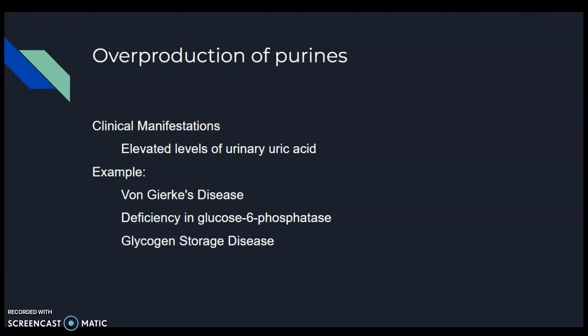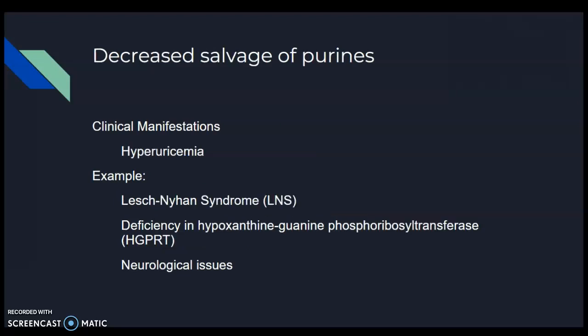So I had suggested maybe additional labs showing blood glucose levels in addition to a genetic history, which could be useful in determining if it was the overproduction of purines as the root cause.